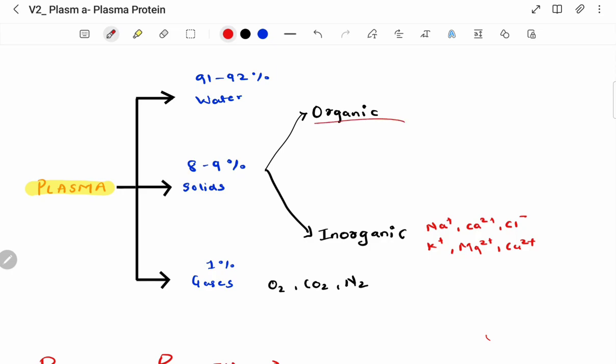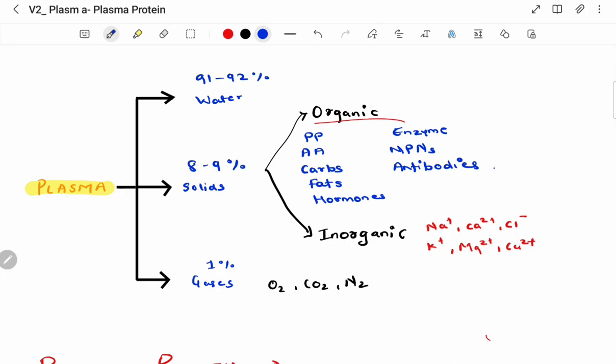Whereas organic substances include plasma protein, amino acids, carbohydrates, fats, hormones, enzymes, non-protein nitrogenous substances (NPN), and antibodies. This all forms the organic part of plasma.